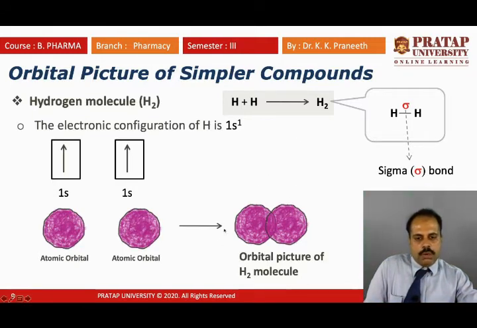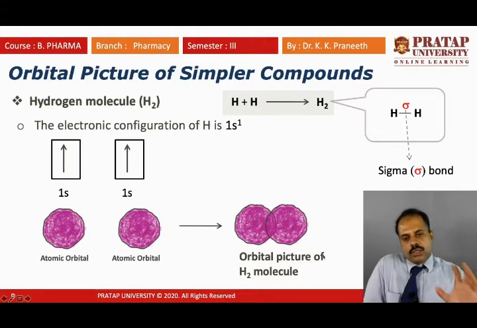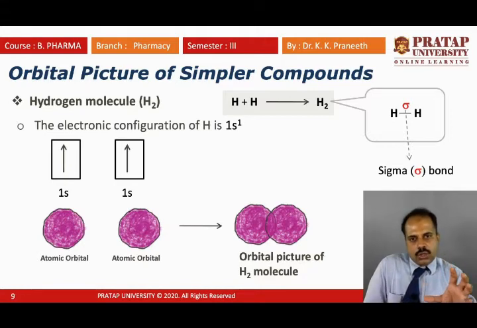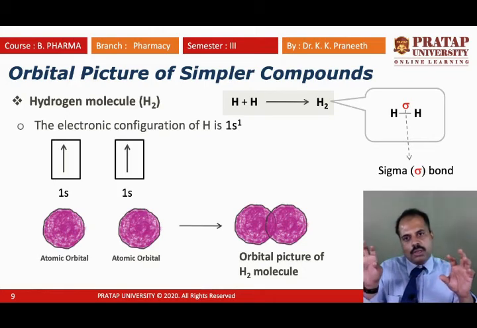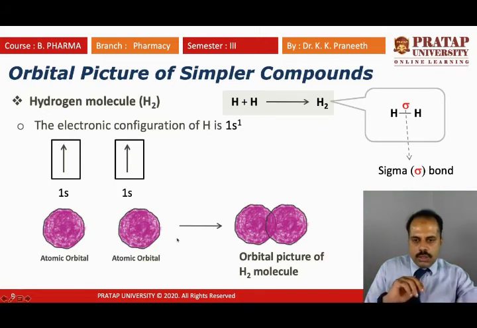So this is the concept of orbital merging: one orbital merges with another orbital to form a new molecule.